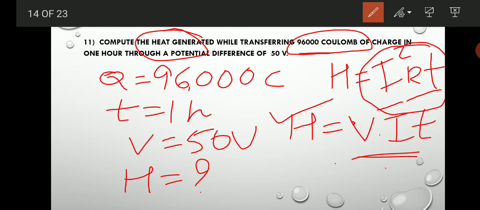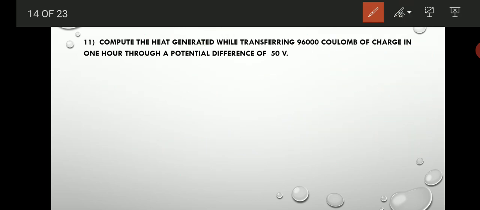Now we'll substitute the values. Okay, again I is not given. Instead of this, they gave the term Q. Okay, I'll write again. See, H is equal to VIT, but instead of I they gave the charge.